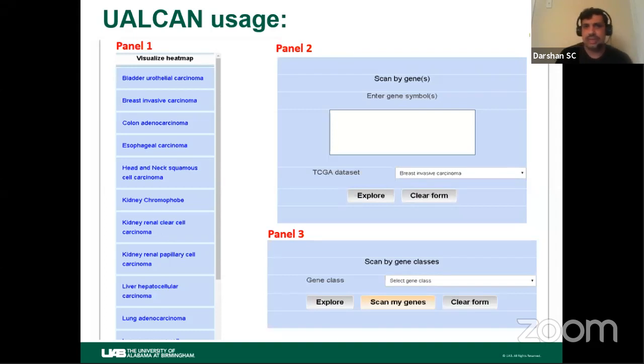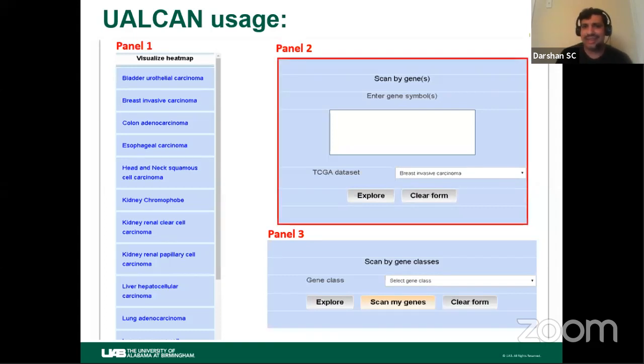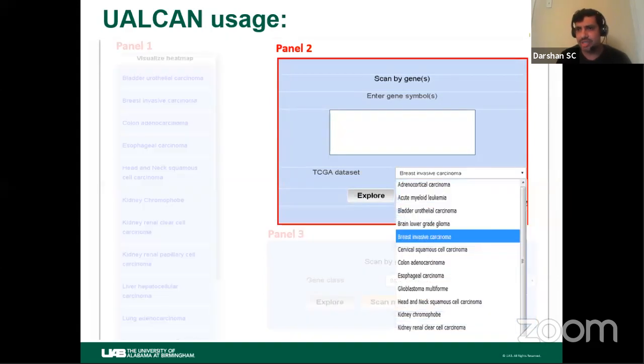The next panel is designed for users who are looking to extract information for the gene of their interest in a specific cancer. I'll explain this with an example of a gene called CDC25C, a cell cycle related protein, with the intention of obtaining details about this gene related to breast cancer.